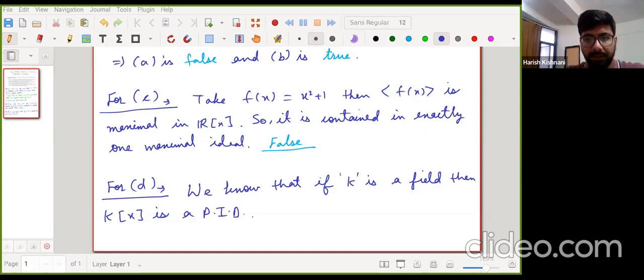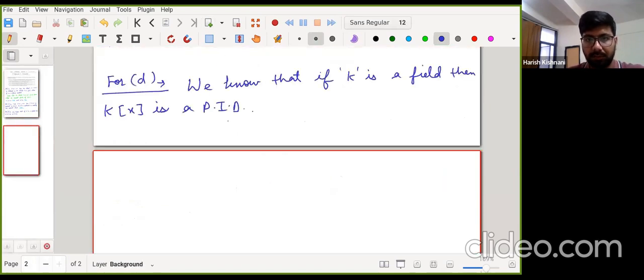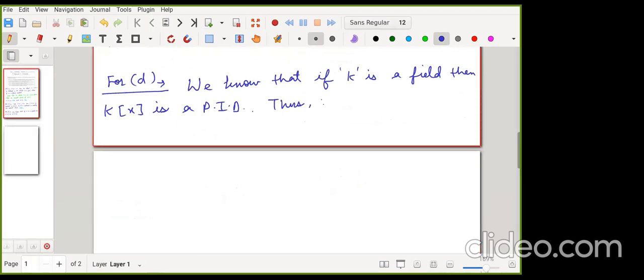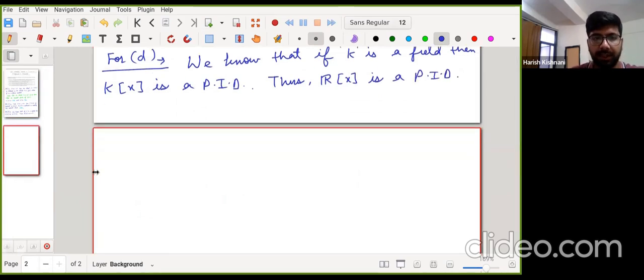Now since R is a field, R[x] is going to be a principal ideal domain. So how is it going to help us, let's see.